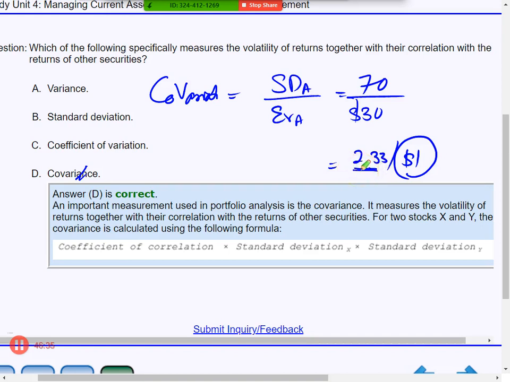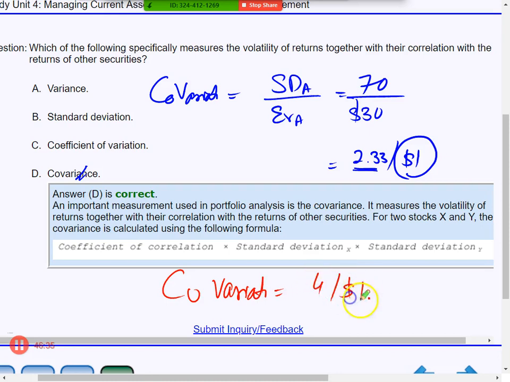Standard deviation doesn't have any unit. It means that in order to earn $1 of return on asset A, I will have to face a standard deviation of 2.33. Comparatively speaking, I have another asset for which the coefficient of variation is 4 per $1.